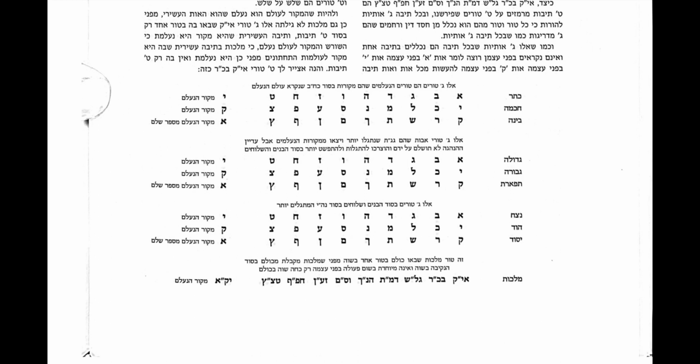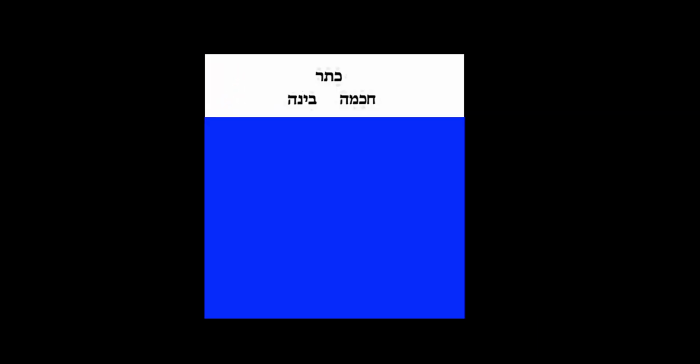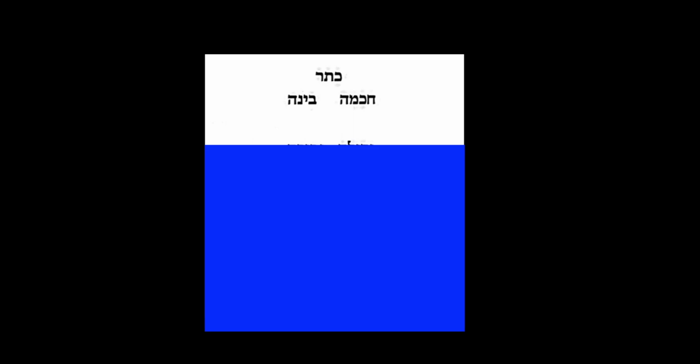He's got 3 systems of 3 systems, and he has it broken up by the sefirot. So you have the upper 3 sefirot of the crown, wisdom, and understanding: keter, chochma, bina. Then the middle: chesed, gevura, and tiferet, love, strength, and beauty.